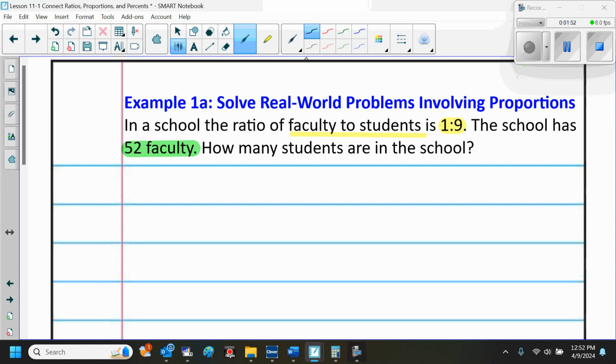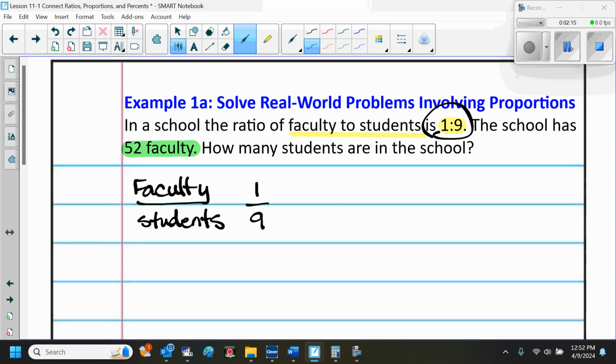First thing we're going to do is write down what we're comparing. We're comparing faculty to students. So the first ratio there is 1 to 9.